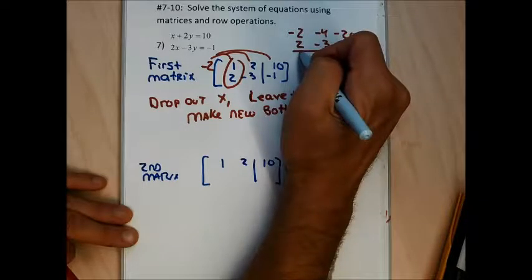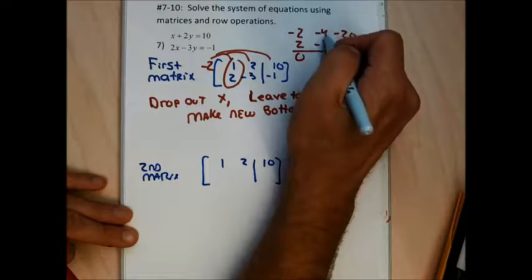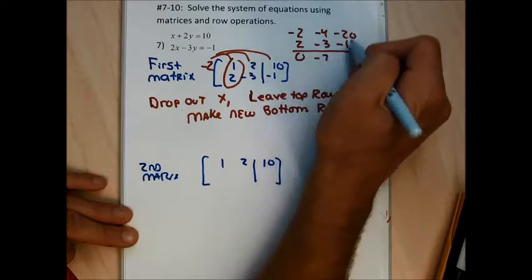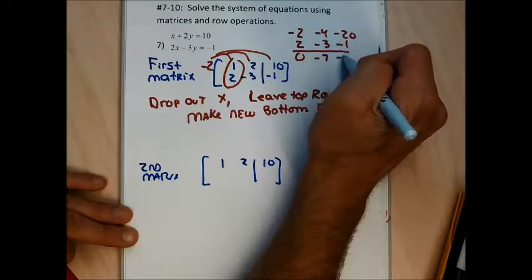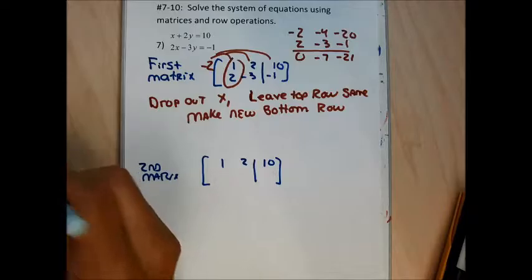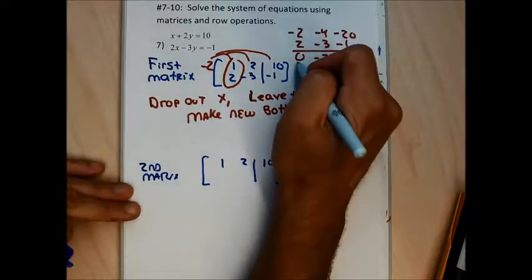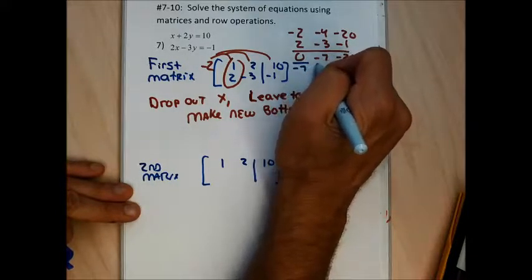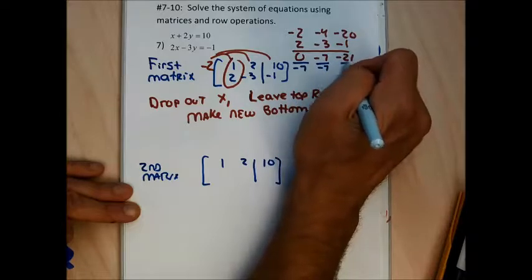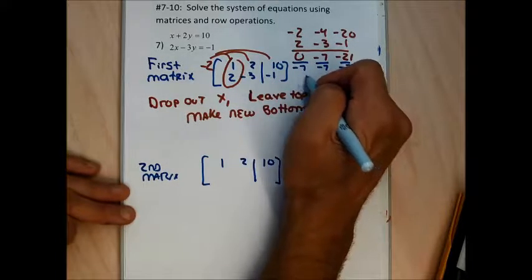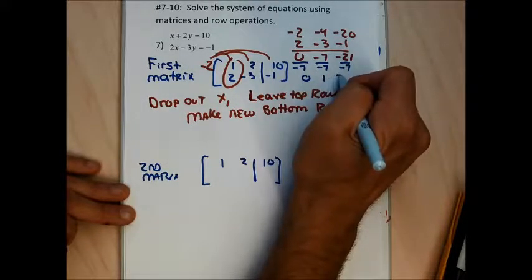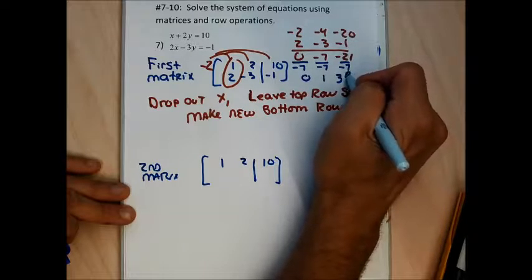Add these together, opposite signs subtract. Negative 4 and negative 3 is negative 7. Negative 20 and negative 1 is negative 21. Because all those numbers are divisible by negative 7, I'm going to divide by negative 7 and get 0, 1, and 3 for my bottom row.